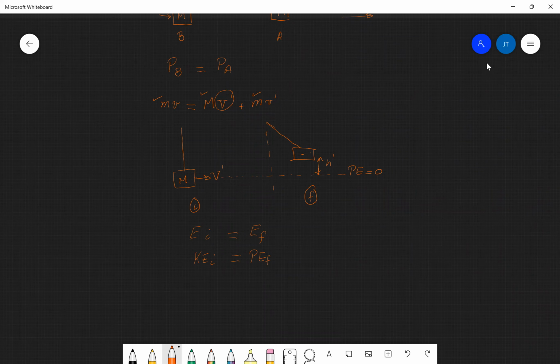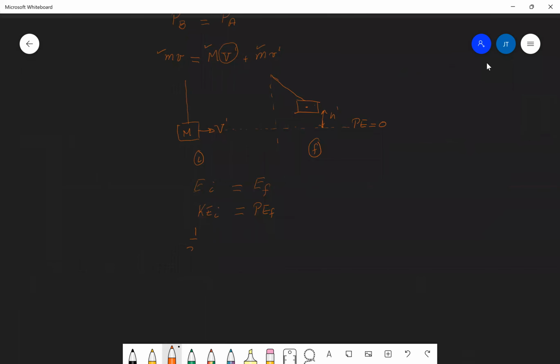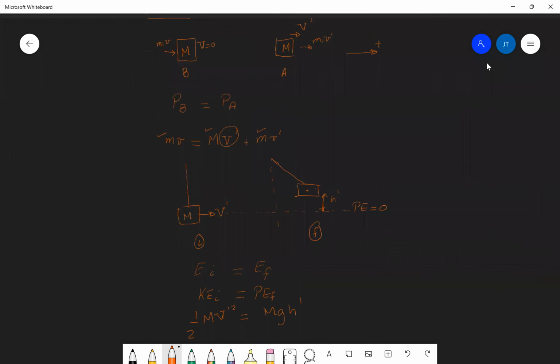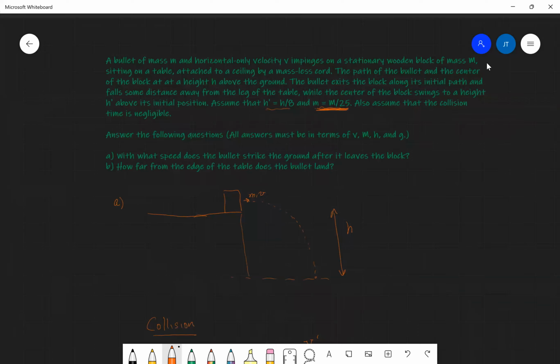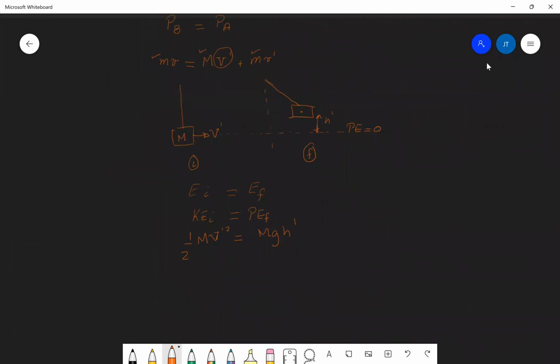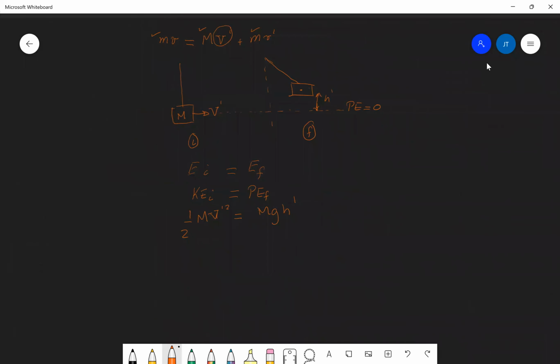Fine. So kinetic energy is 1/2 m V prime squared. Potential energy is mgh prime. And remember, h prime is h over 8. We're going to plug those in here in just a little bit. So I know what V prime squared is now.